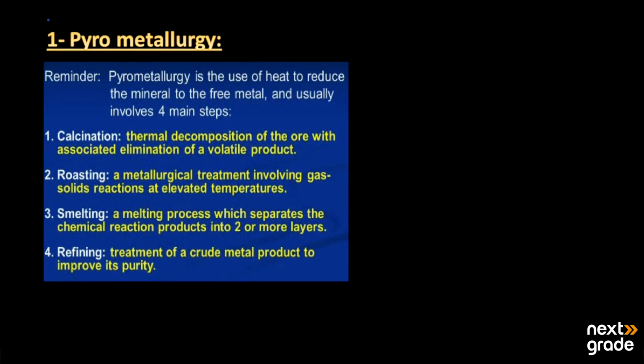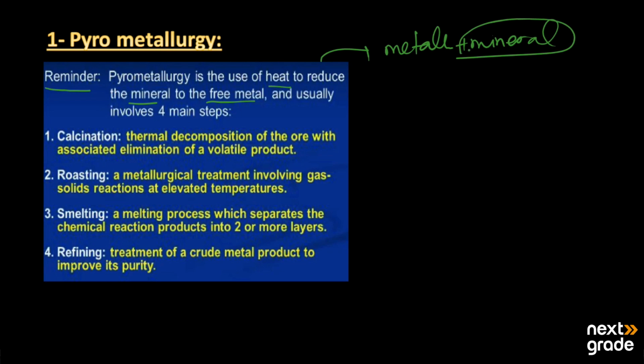You just need to remember that pyrometallurgy is the use of heat to reduce the mineral to the free metals. It means if we have metals along with minerals, the heat will be used to extract the metals and separate the minerals from the metals.